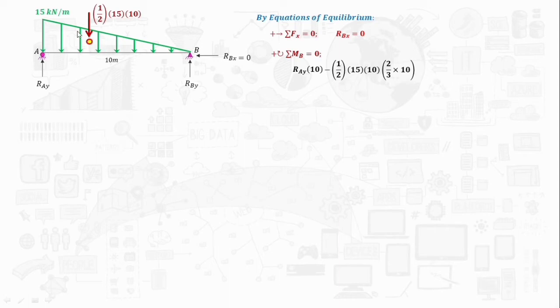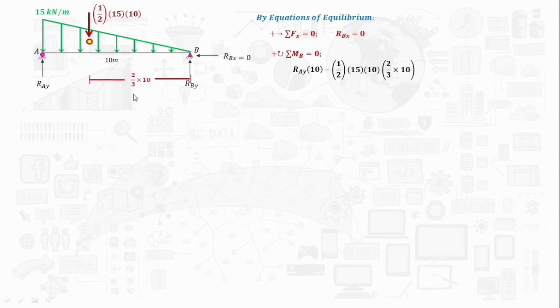So, since triangular yung load natin, si centroid is 2/3 of its base papunta dito, di ba? Kasi papunta dito is 1/3 and papunta dito is 2/3. Yung distance ng centroid papunta sa 0, so 2/3 of the base.